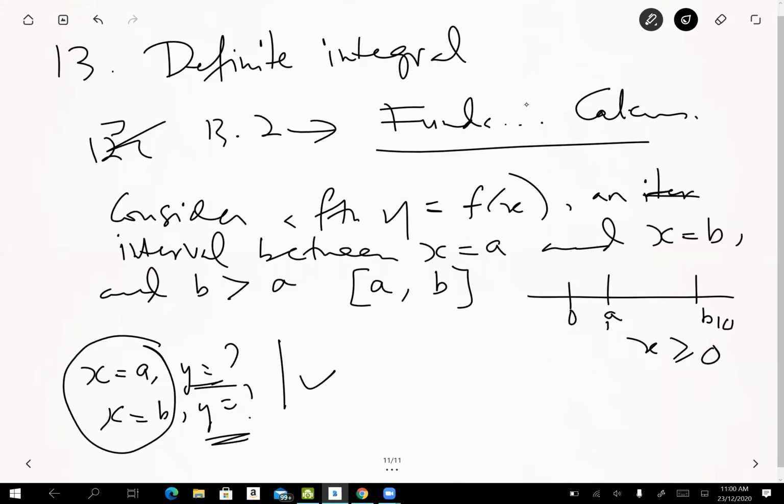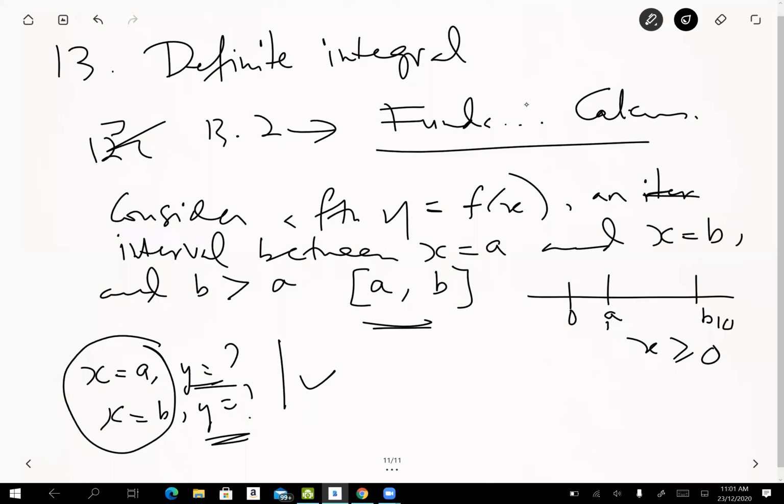So what is the integral? Then the definite integral of the function on this interval is equal to what? We consider a function y equal to f of x, and an interval between x equal to a and x equal to b, b bigger than a, and we denote the interval a, b.